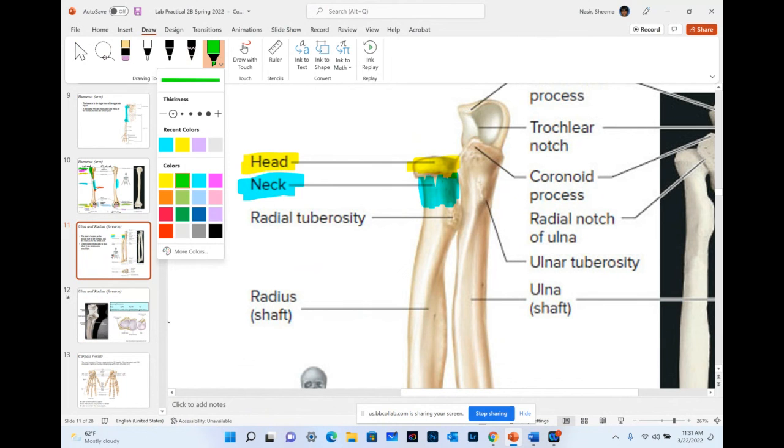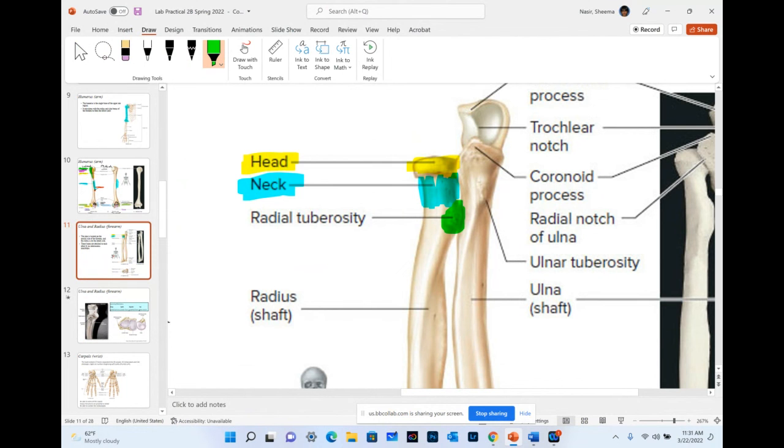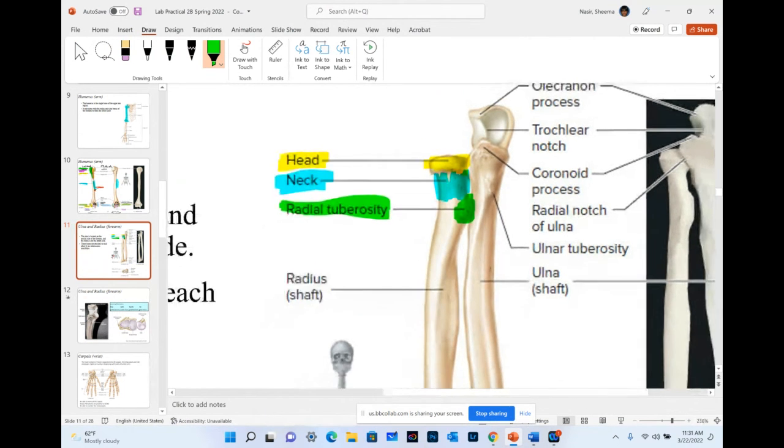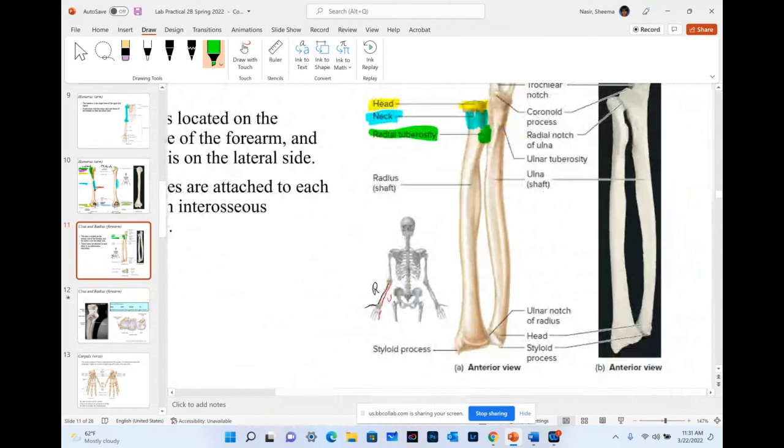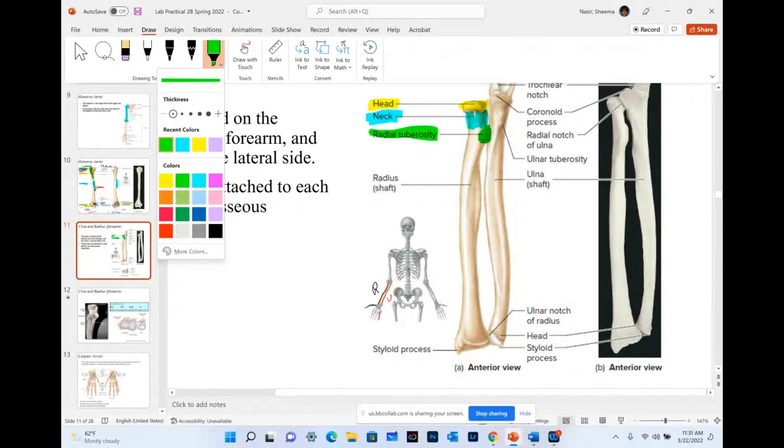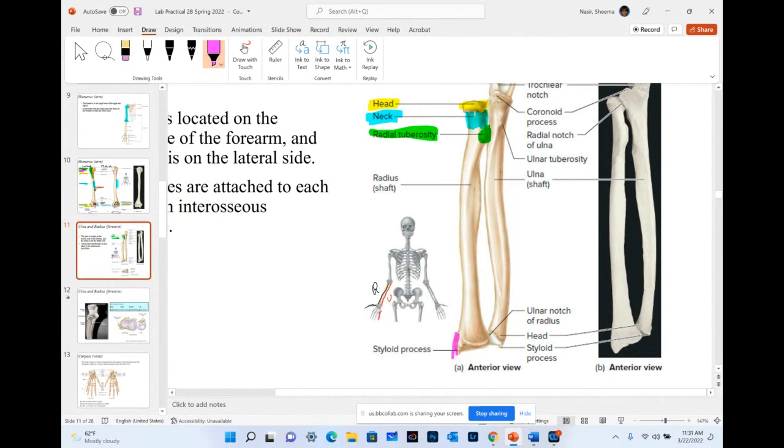This is your radial tuberosity. At the other end, we are done with the proximal end. At the distal end, see this part sticking out? This is called the styloid process. It's present laterally.